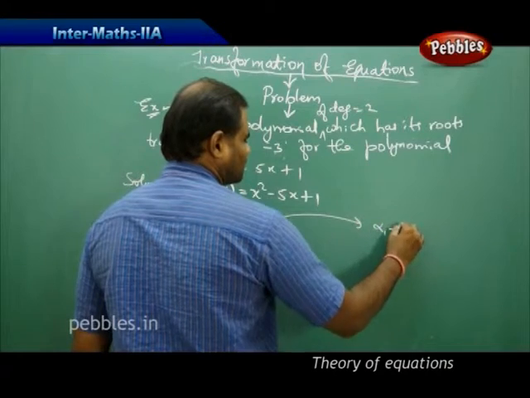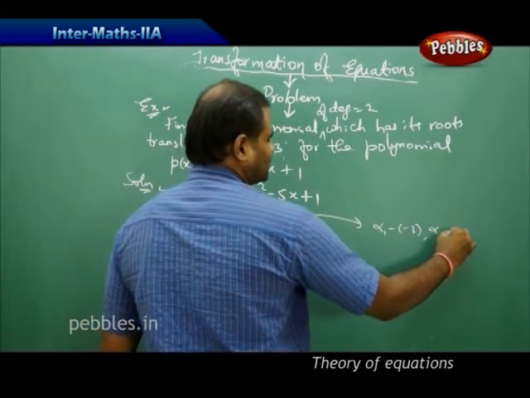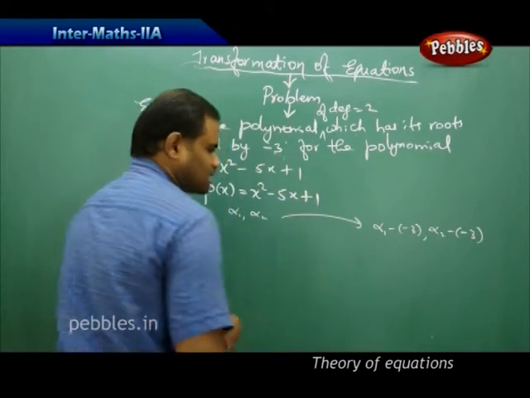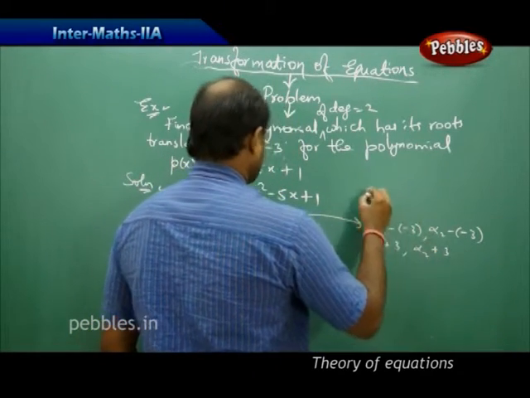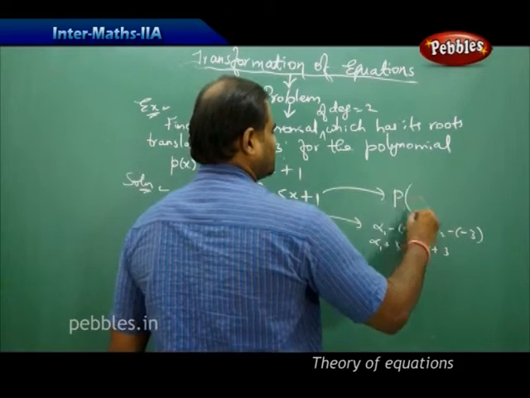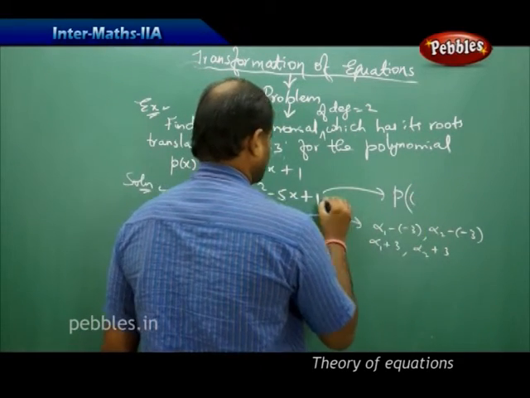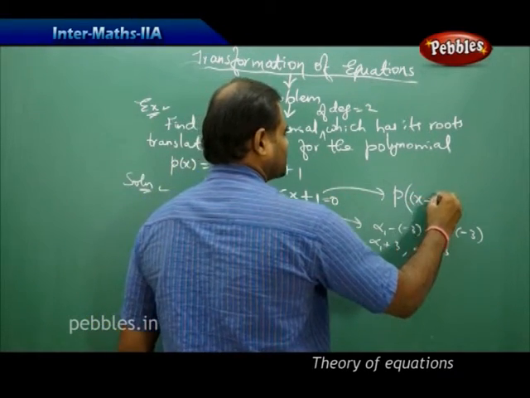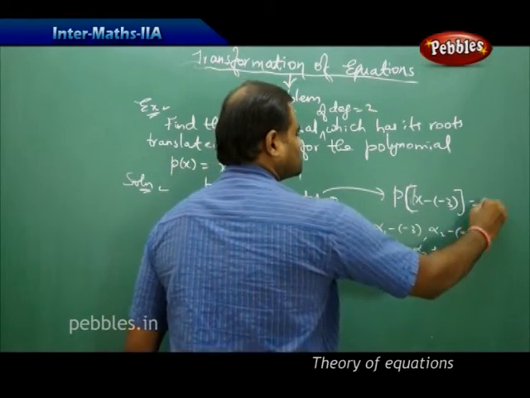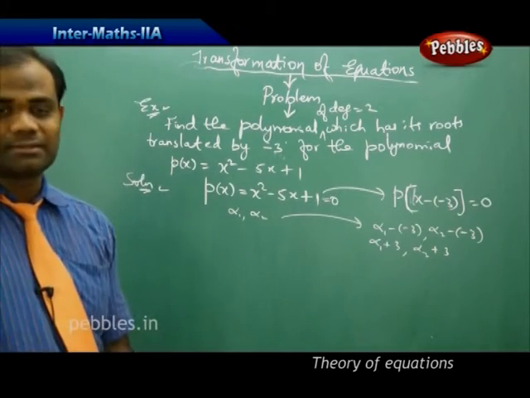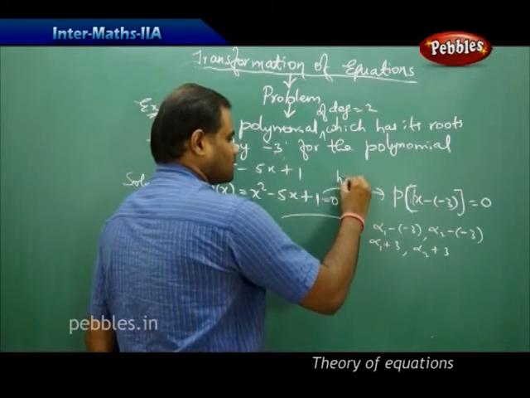That is, I get alpha 1 plus 3, alpha 2 plus 3. That is, this is being translated to p of x minus of -3 equal to 0 is how I get, because here h is -3.